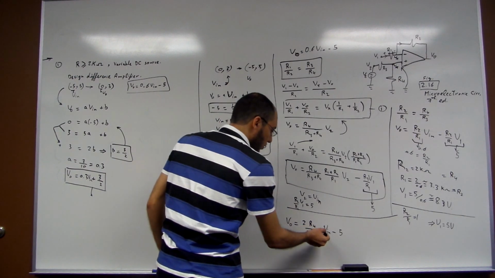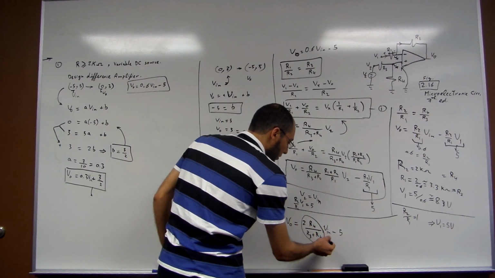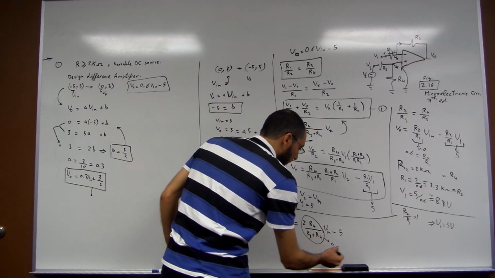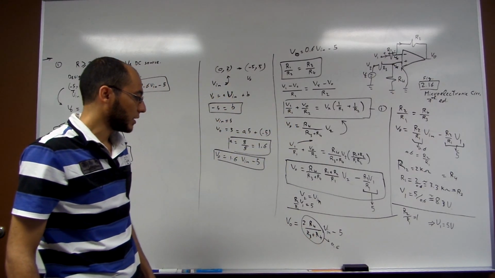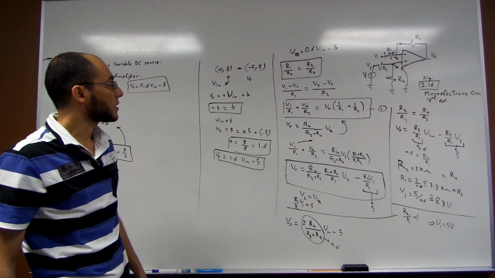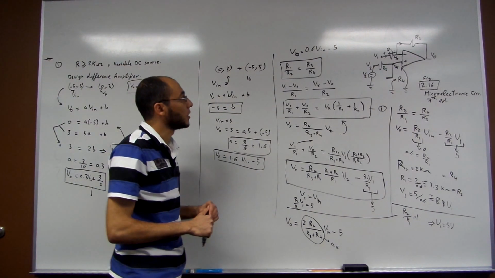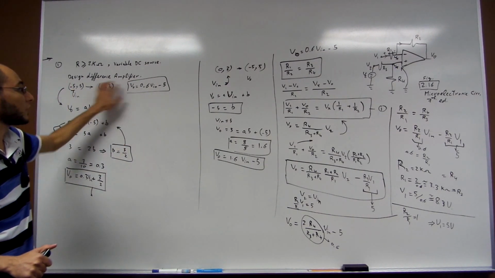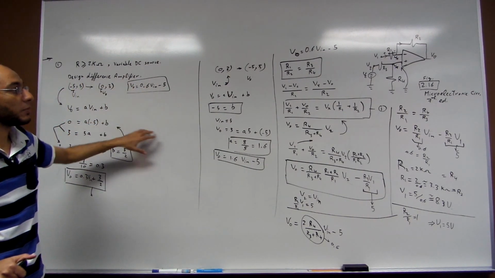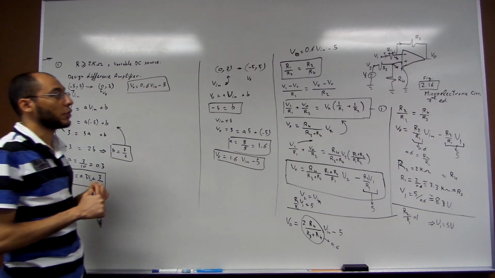Thus you should be able to set this to 0.6 and find the values of R4 and R3. So that is the way that we solve these kinds of problems. Even if you're given such a contradiction, pick any one of them and move forward with the problem.